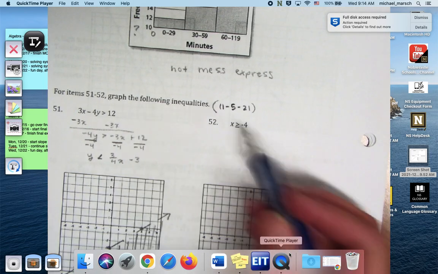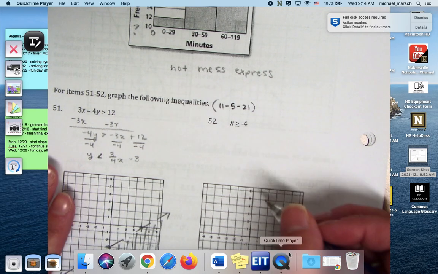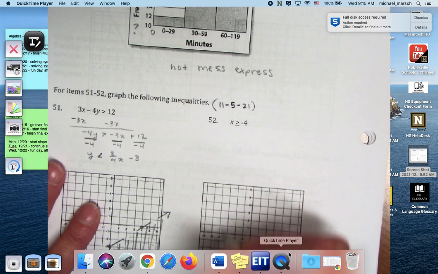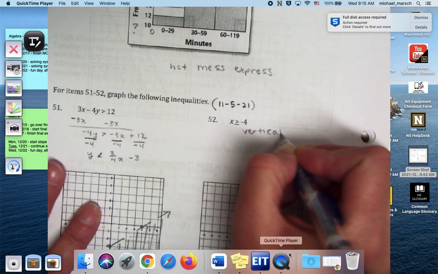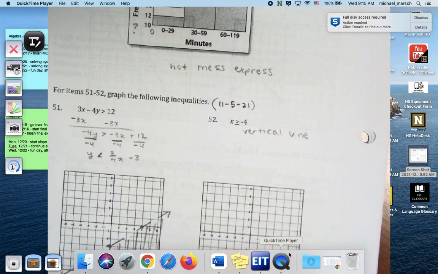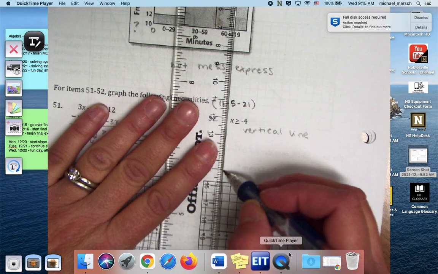Okay. For this one, x is greater than or equal to -4. All right, so that means all my x values are -4, so that's going to give me a vertical line. It's going to be closed because it's or equal to.